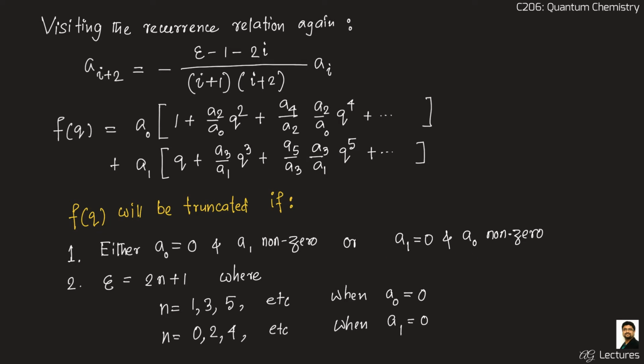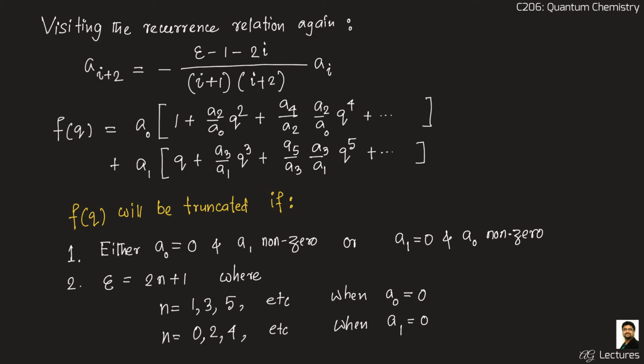What does it mean? It simply means that out of these two infinite series, only one will survive and the other will not. And the second condition is that epsilon, which we have already seen to be just a number, is restricted to few values only. It can take only integer values, first of all, and that too, it can take odd integral values when a0 is 0, and it can take 0 and even integer values when a1 is 0.